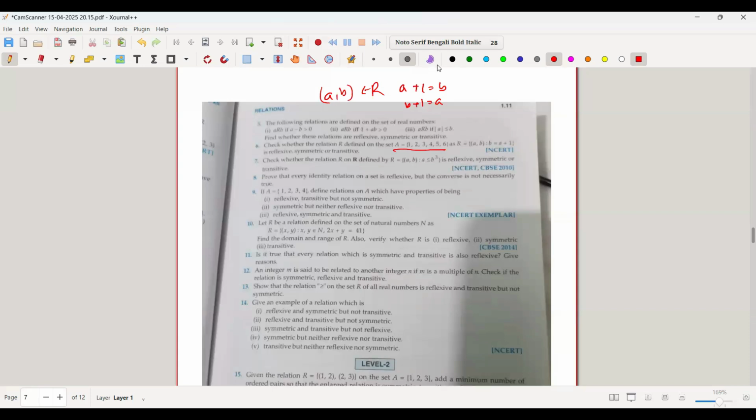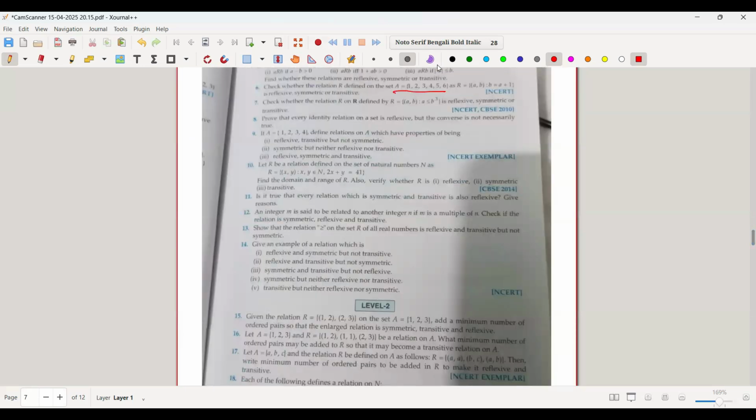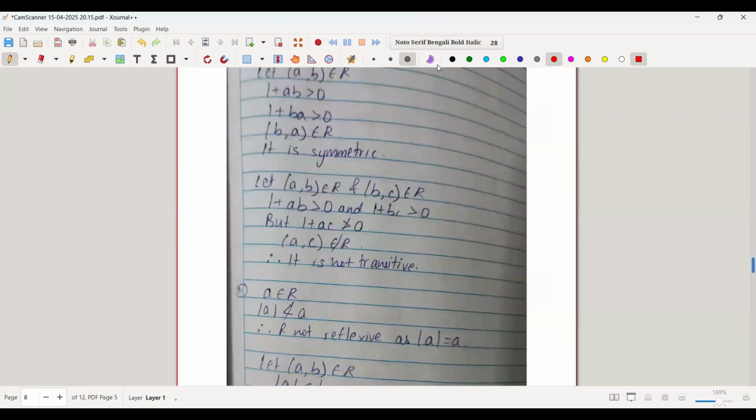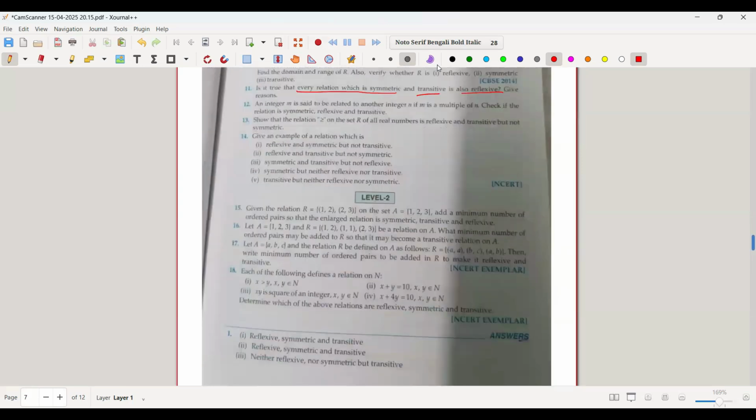So you have done question number 11. Question number 11: is it true that every relation which is symmetric and transitive is also reflexive? Give reasons. Okay. Which problem is this?